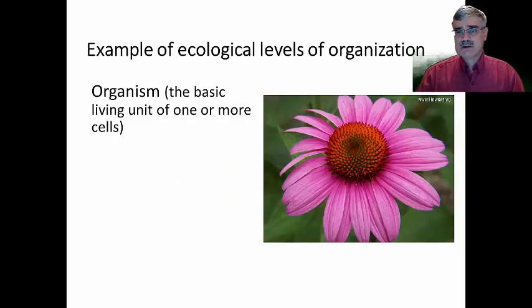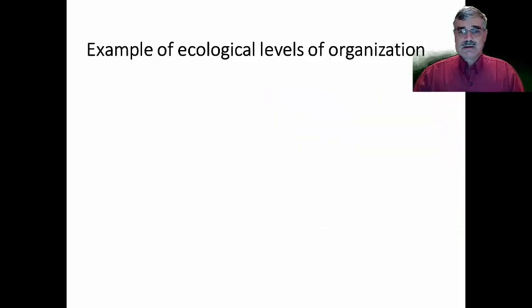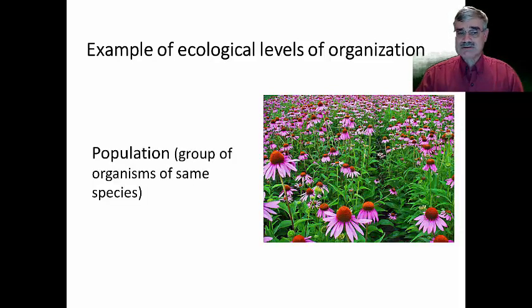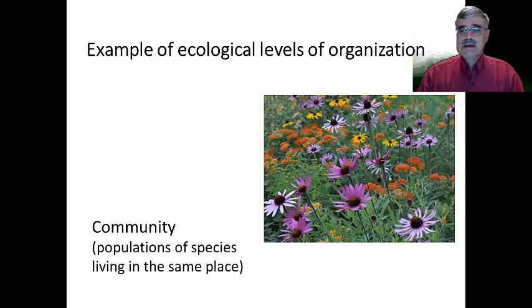To give you another example of these levels of organization, consider the individual organism. Instead of you being a deer, let's consider that you're a daisy. So a daisy might be the basic organism, the basic living unit, which has more than one cell, but it's the basic unit. You might then have a population of these daisies, of these organisms, of the same species as shown in the picture.